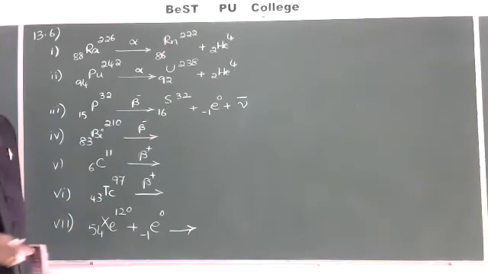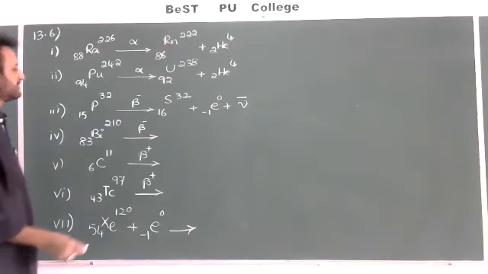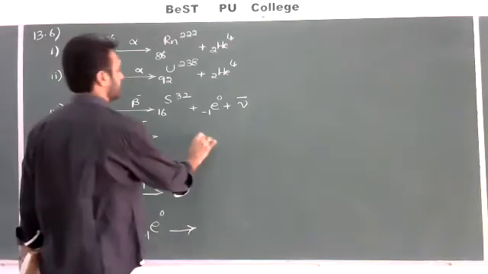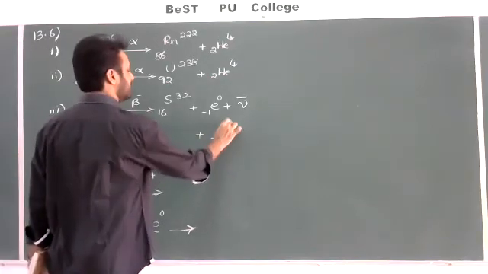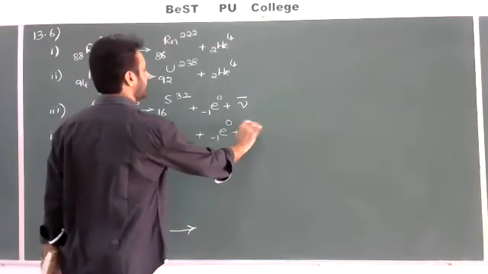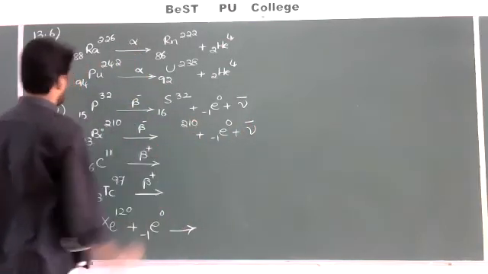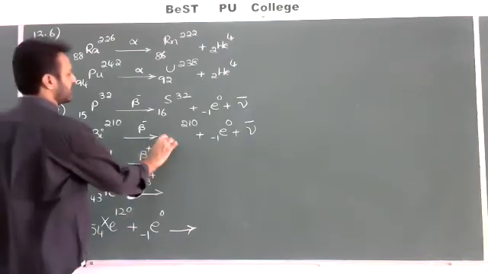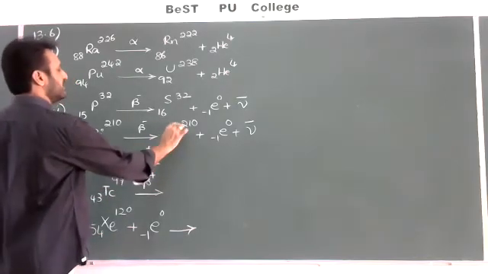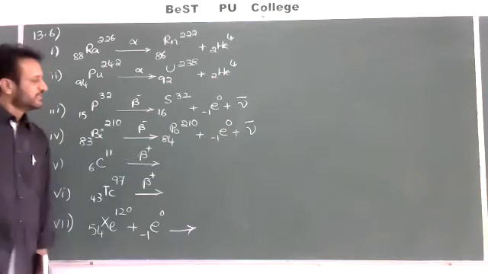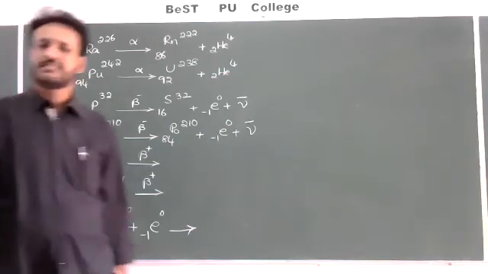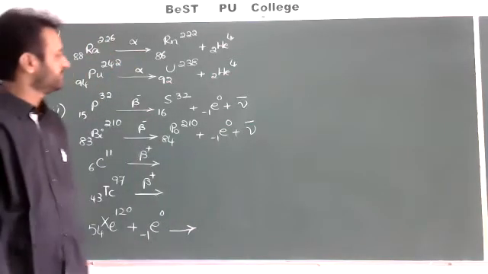Next one is also the same. Bismuth also emits a beta minus particle, so write E -1 0 plus anti-neutrino. There is no change in mass number, so write 210, but 83 plus 1 is 84, that is polonium. So atomic number 84, mass number 210 is polonium.